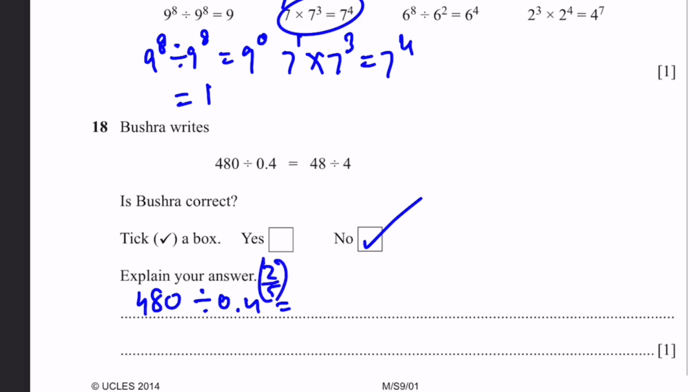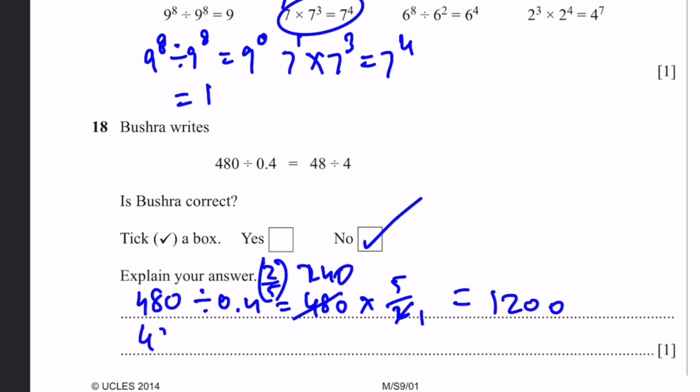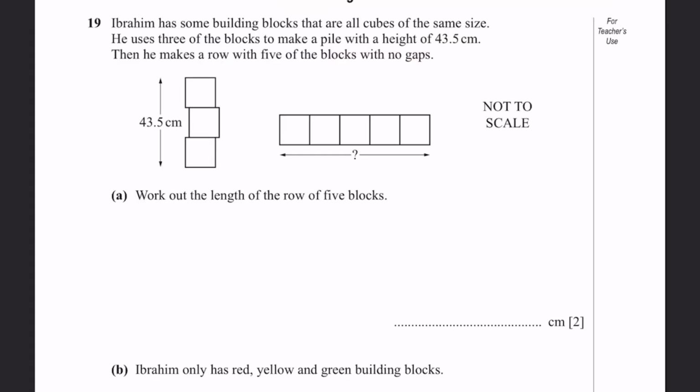And that's equal to 480 into 5 by 2. So let's cancel that. And that's equal to 1200. 48 divided by 4 is equal to 12, obviously. And 1200 is not equal to 12. Therefore, Bushra is wrong.